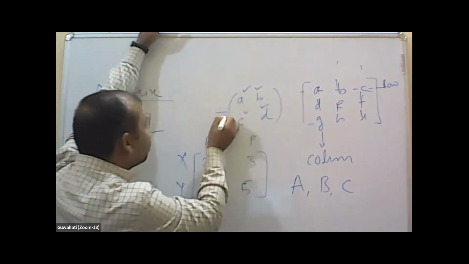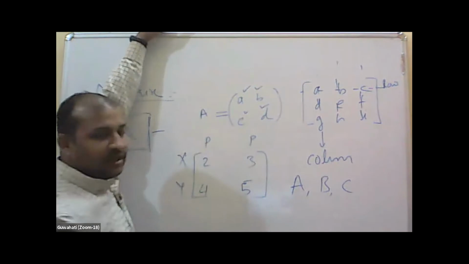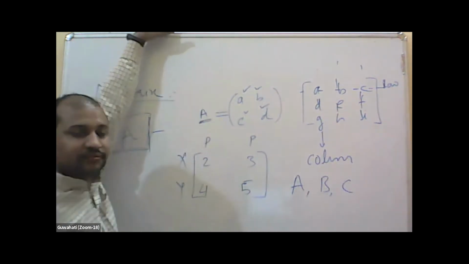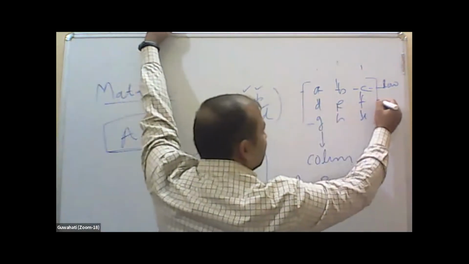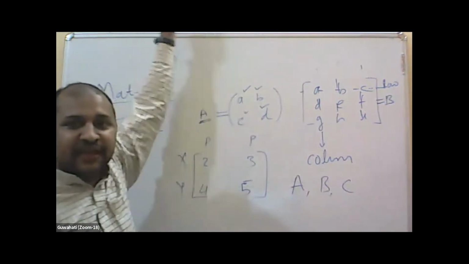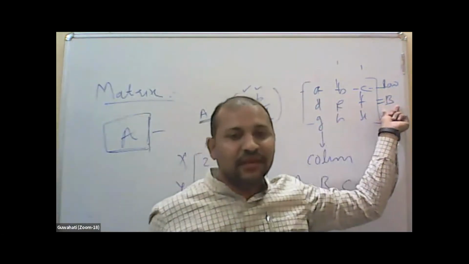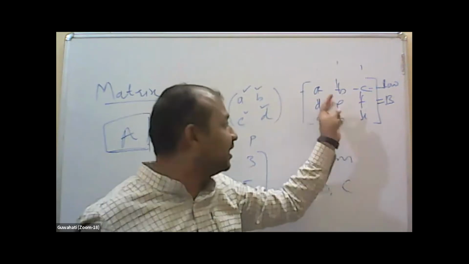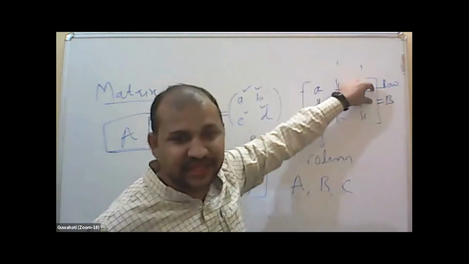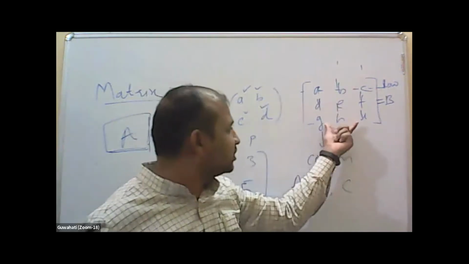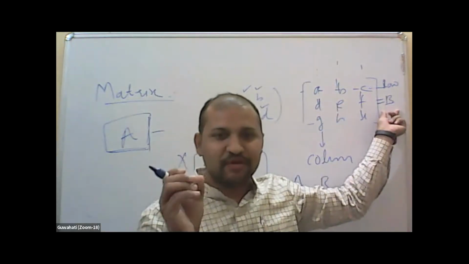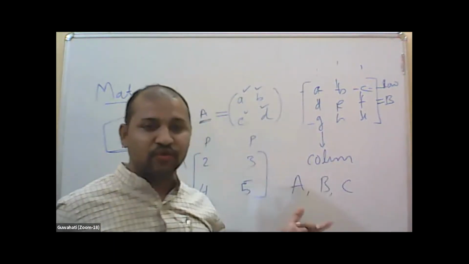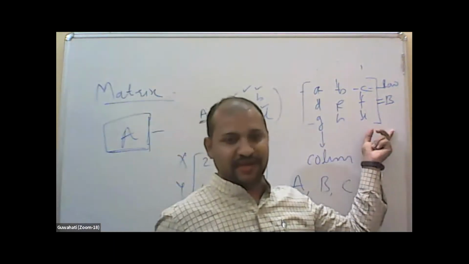All these 4 entries I can store under the name A. In the next, there are 9 elements, 9 different pieces of information, and I can store them in a single name, B. So for storage of such huge data, we can use a matrix.